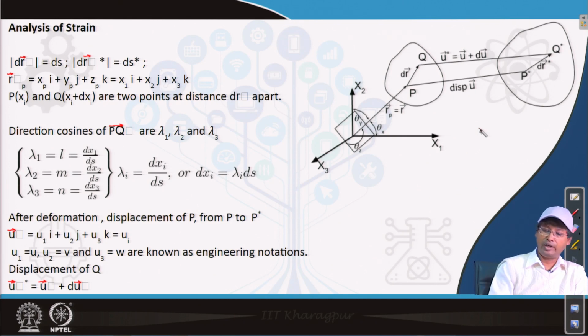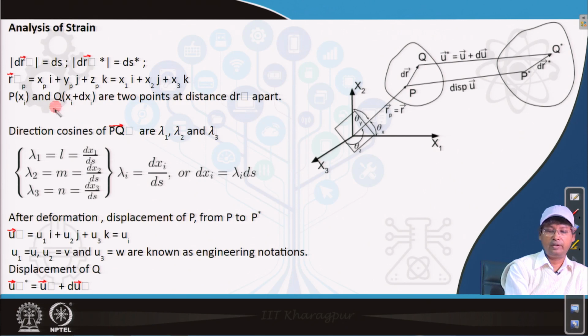And we define this r vector, r p, as x p i, x p j, x p k, or x 1, x 2, x 3 as i j k using the unit vector.